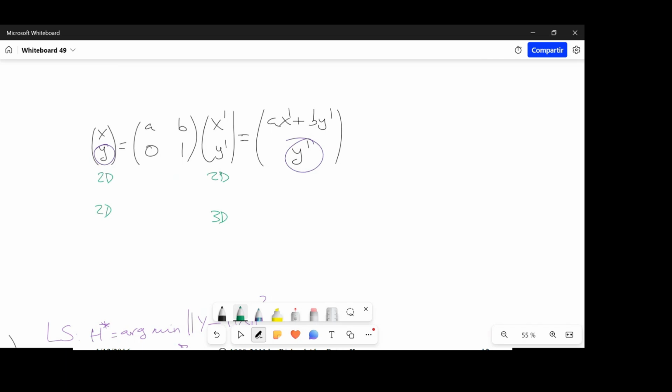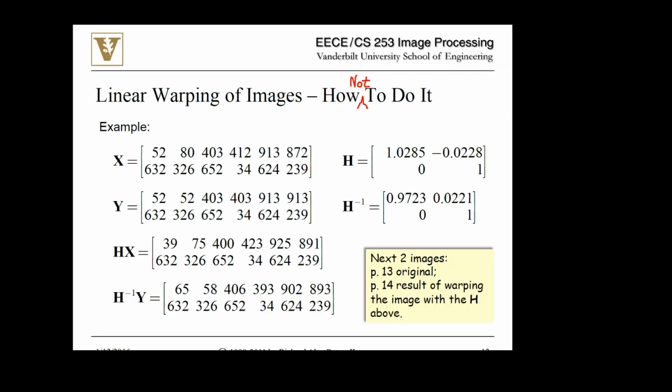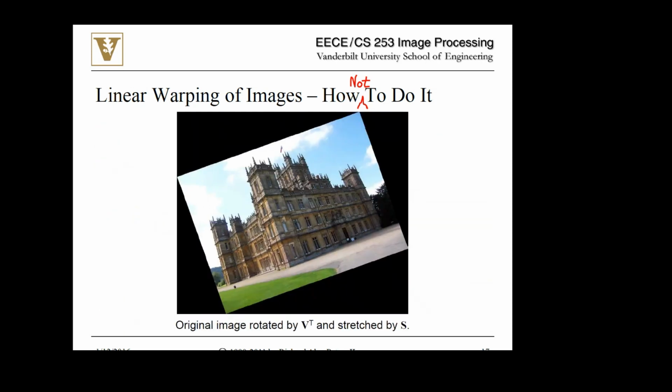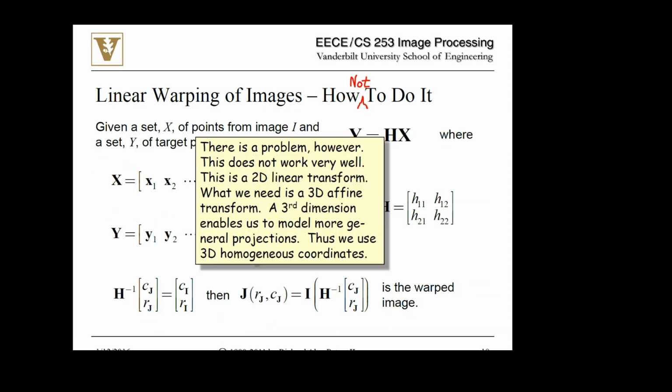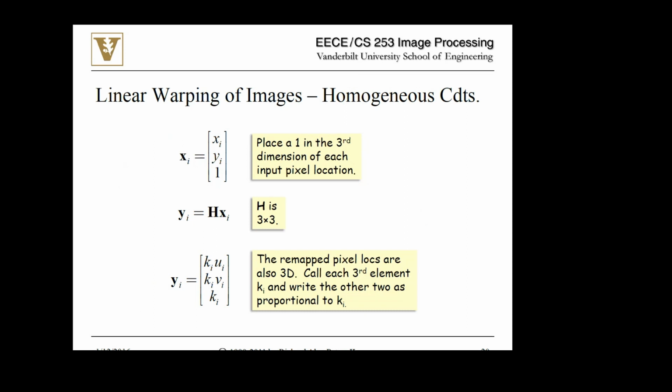Okay, so let's see. We have to figure out a way to transform this problem into a 3D problem. Let's say that we expand our coordinates in this way, such that we add a one at the end. And then now it is 3D.